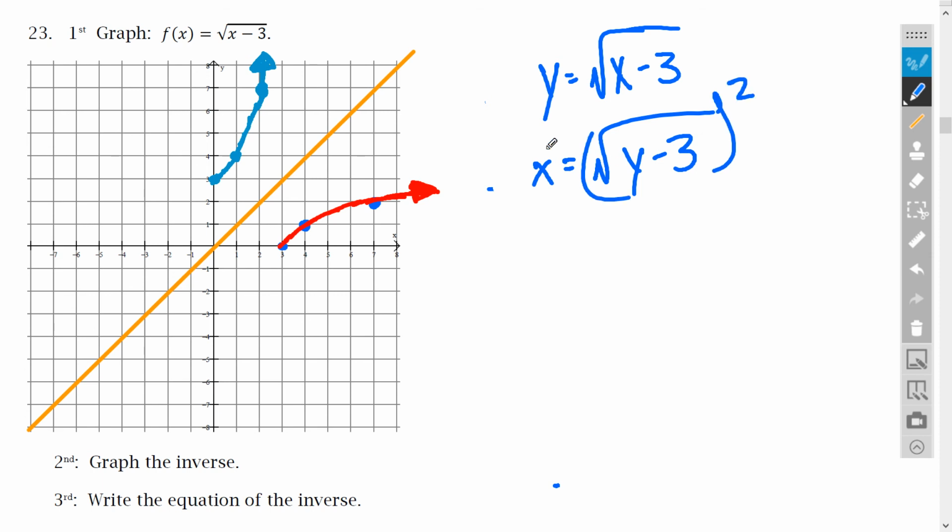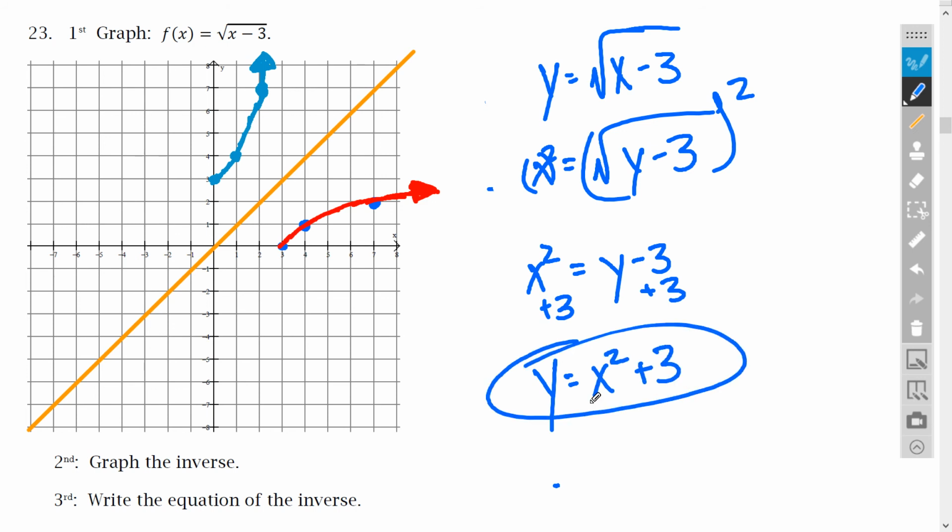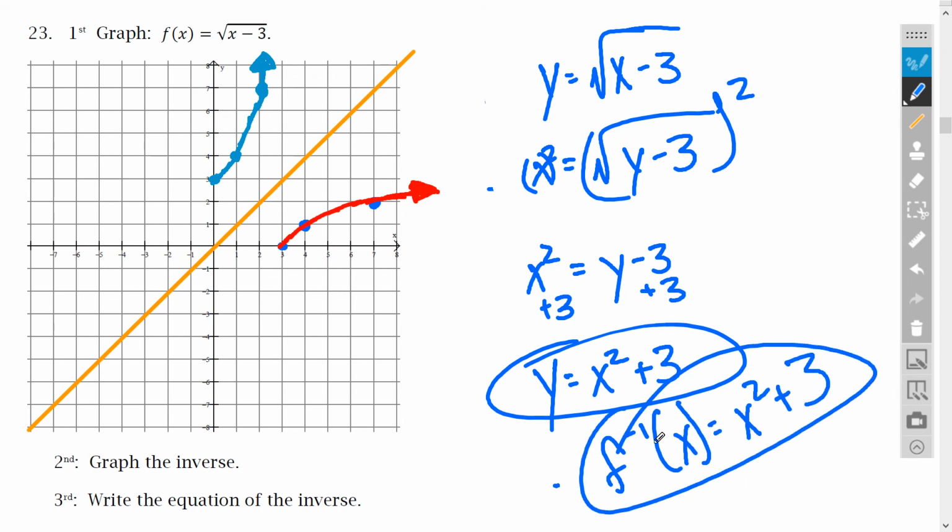First we square both sides, so we get x squared is equal to y minus 3, and then we add 3 to both sides, so we get y is equal to x squared plus 3. And then we rename it so that it's the inverse function. So the inverse function is x squared plus 3.